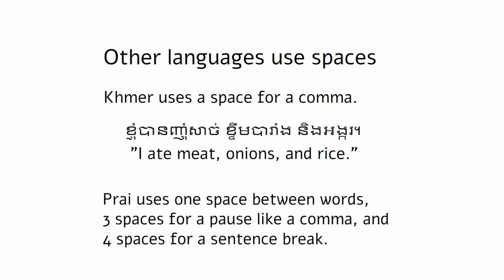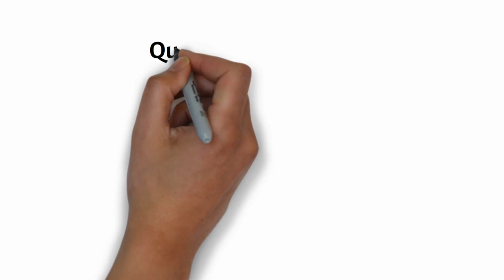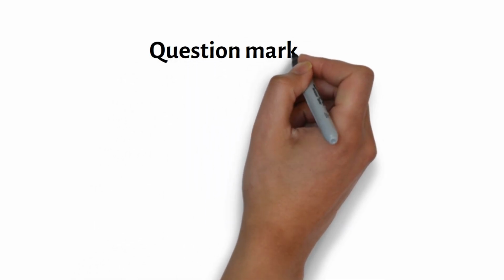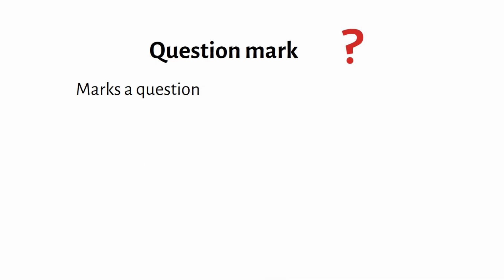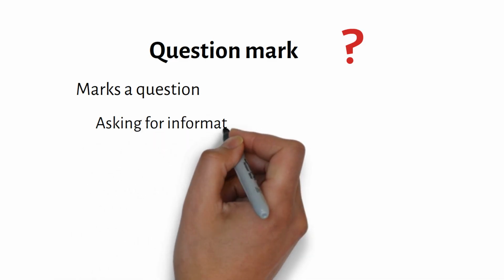2 punctuation marks that are bigger in size are question marks and exclamation points. Tell us about these. Well, a question mark marks a question. That part is easy. There are several kinds of questions, but they all use the same question mark.